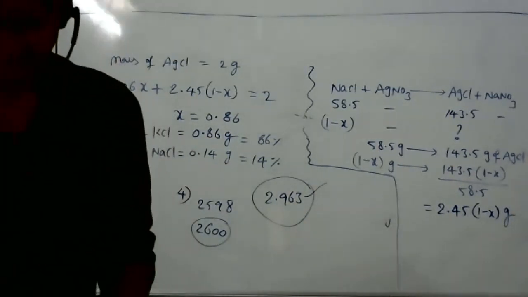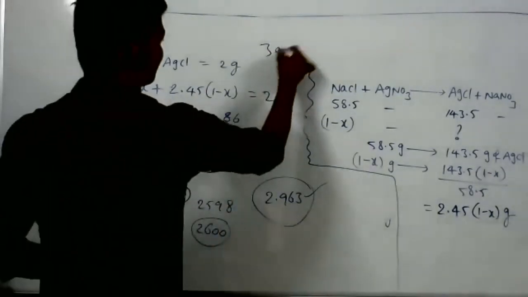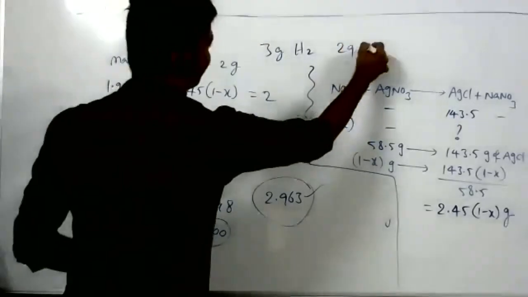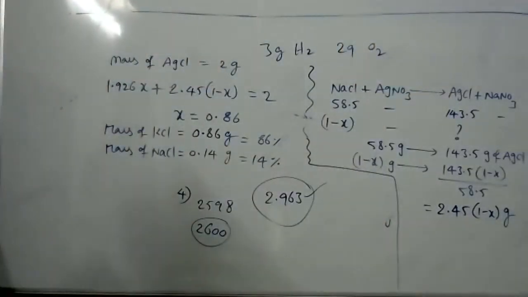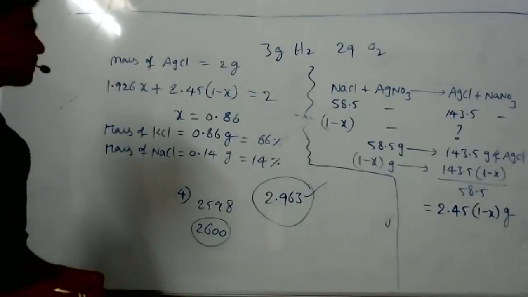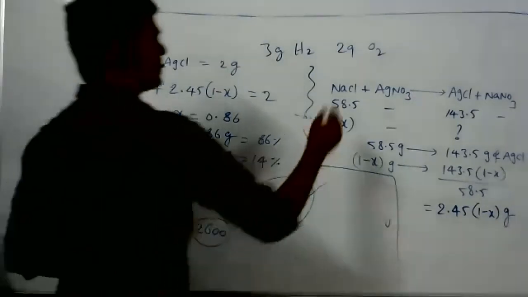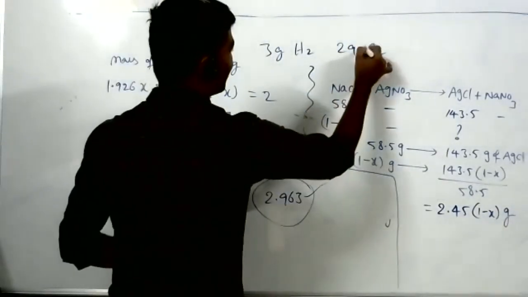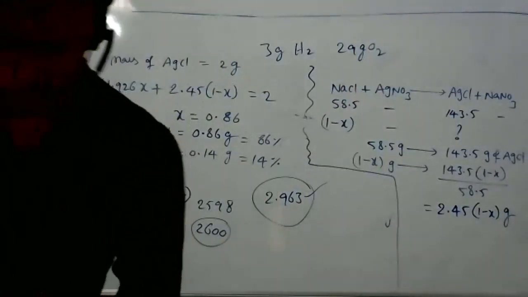I think 2 grams. Because 3 grams hydrogen, H2, 29 grams oxygen. We left the 9 like this, so we thought it was 2 grams. Okay, you consider 29 grams. Okay, solve that question. Fourth question, tomorrow I will explain to you.